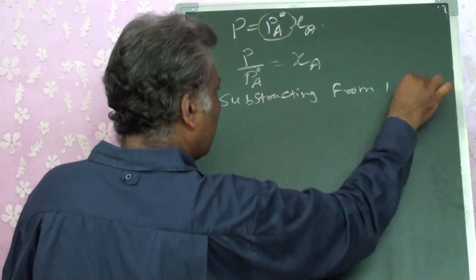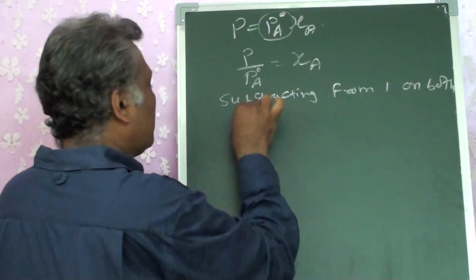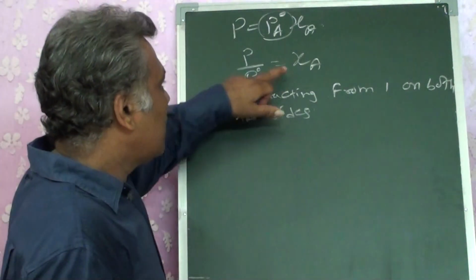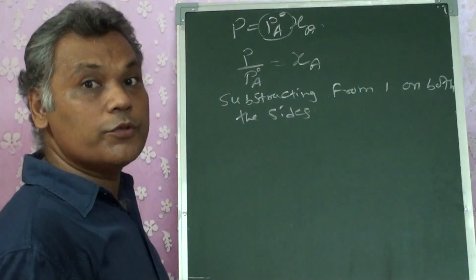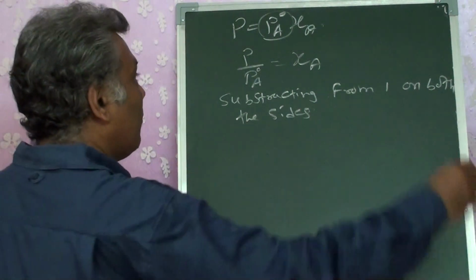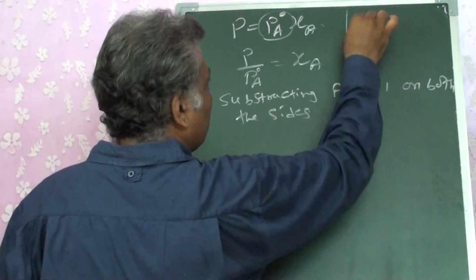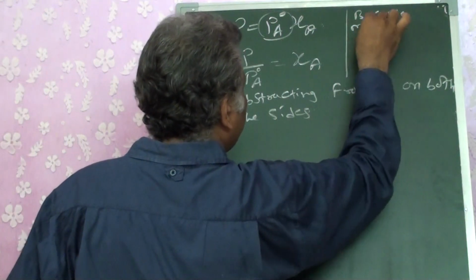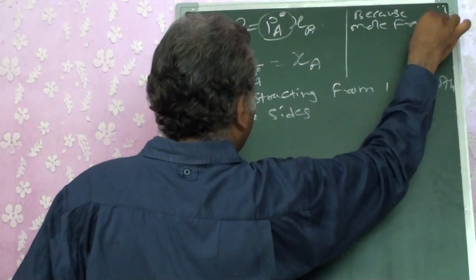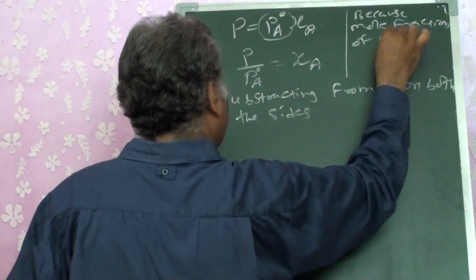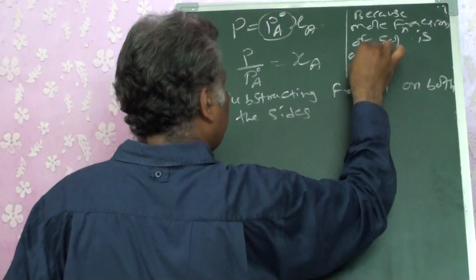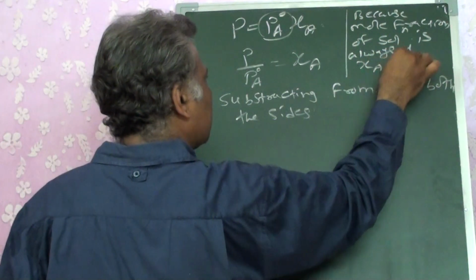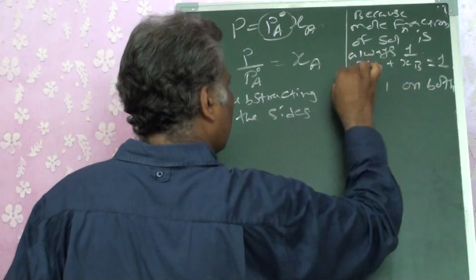Now, why am I doing this? Actually, we are doing this because we know that the mole fraction of solution is always 1, that is XA plus XB is always 1.